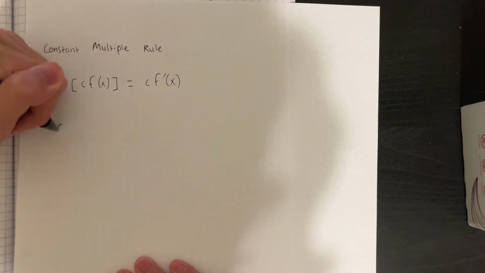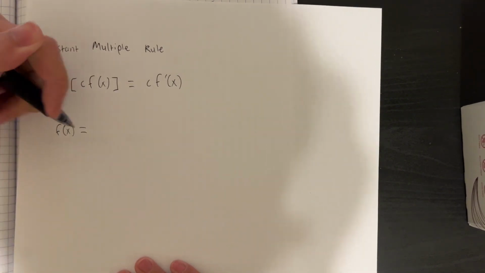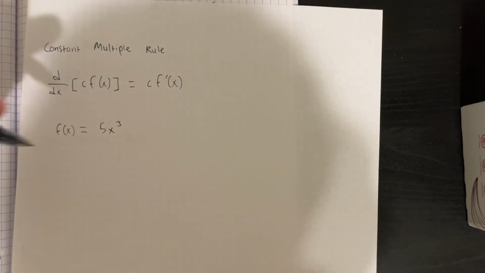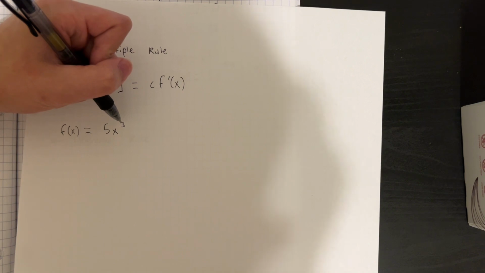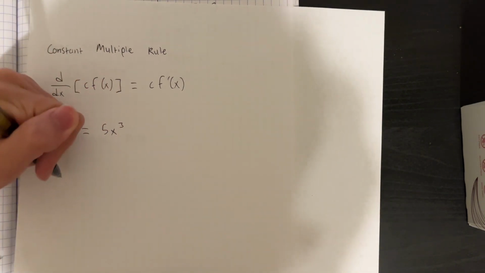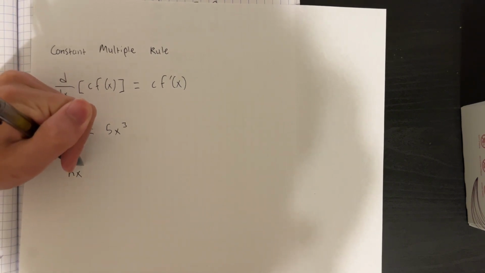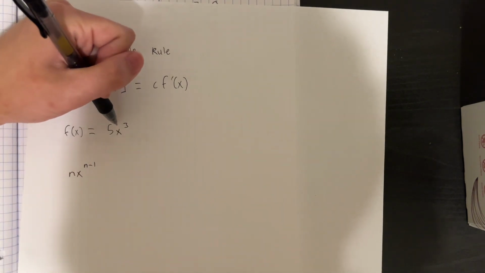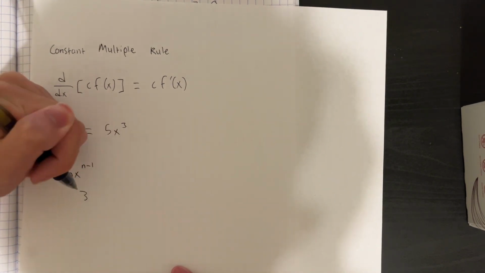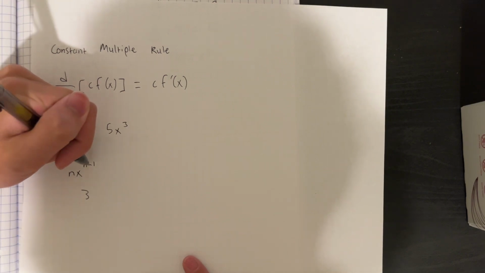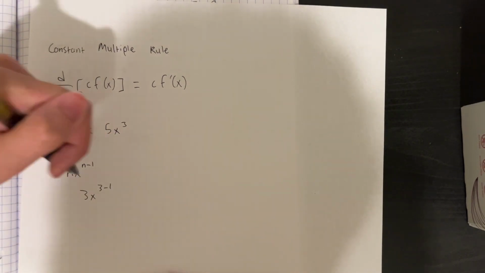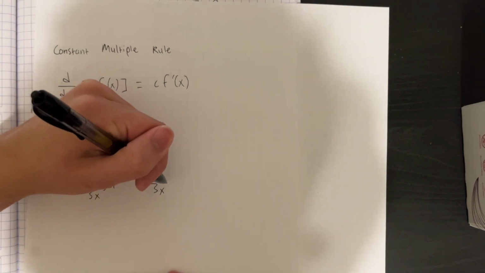Here I have the function f of x is equal to 5x cubed. You can see that there's an x cubed here, which we can use the power rule, which we remember as n times x to the n minus 1. So we'll bring the 3 to the front and then subtract 1 in the exponent, giving us 3x squared.